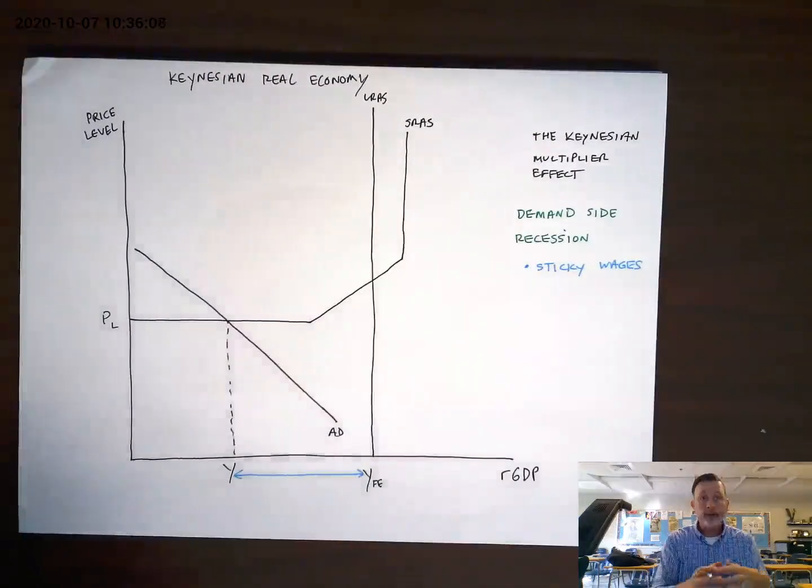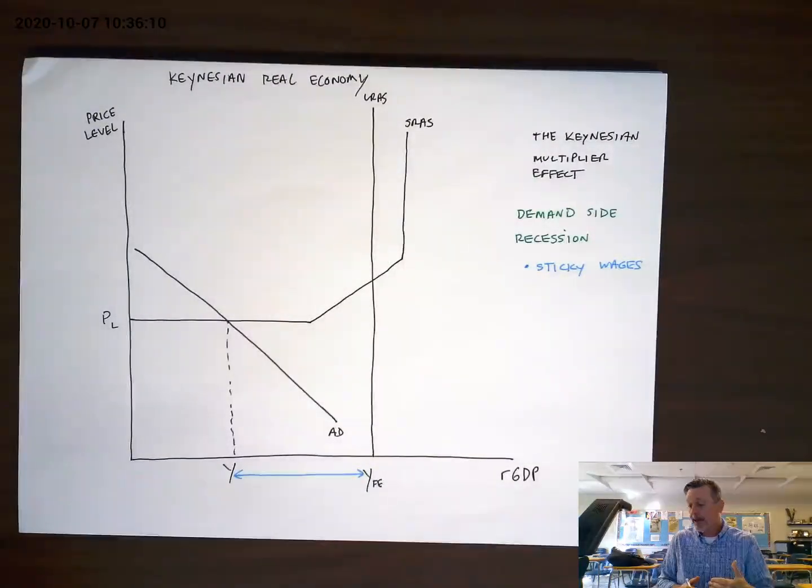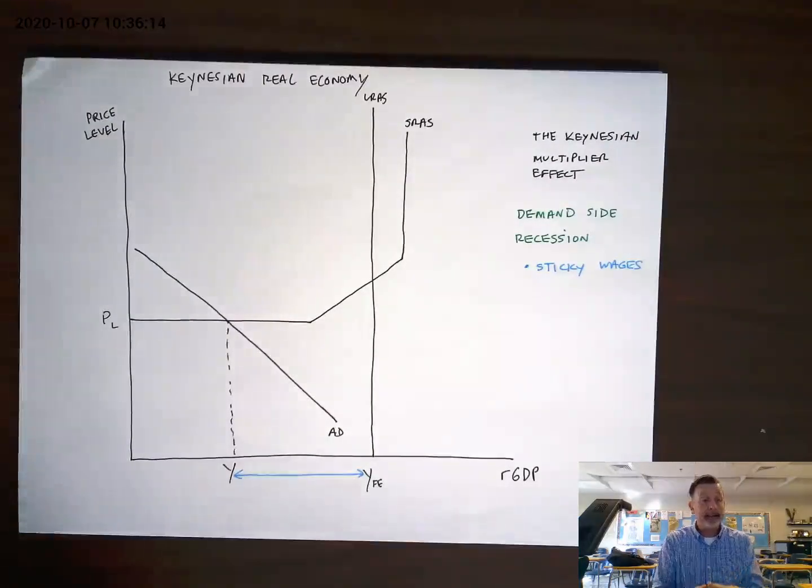As we know, the Keynesian model suggests that this real economy can get stuck in this position simply because wages are not going to fall to help clear the labor market of that excess unemployment. So they suggest that demand-side recessions require demand-side solutions.